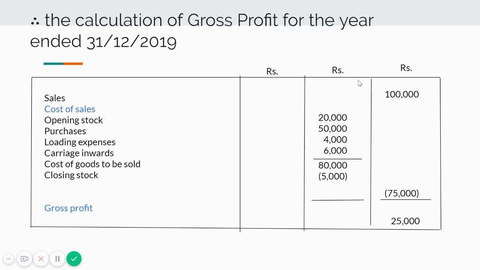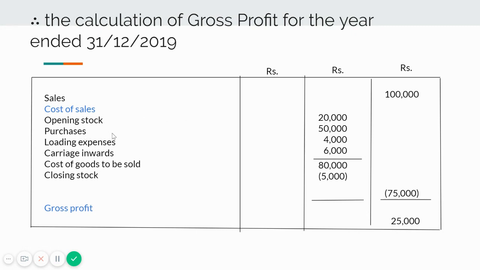It is shown here. This is the calculation of gross profit for the year ended 31st December 2019. The sales figure will be 100,000. From that, we deduct the cost of sales. The opening stock is 20,000.